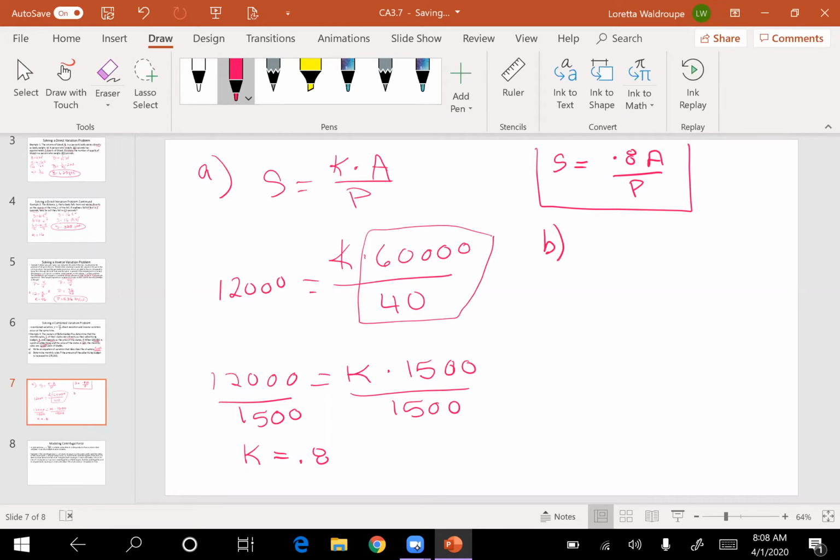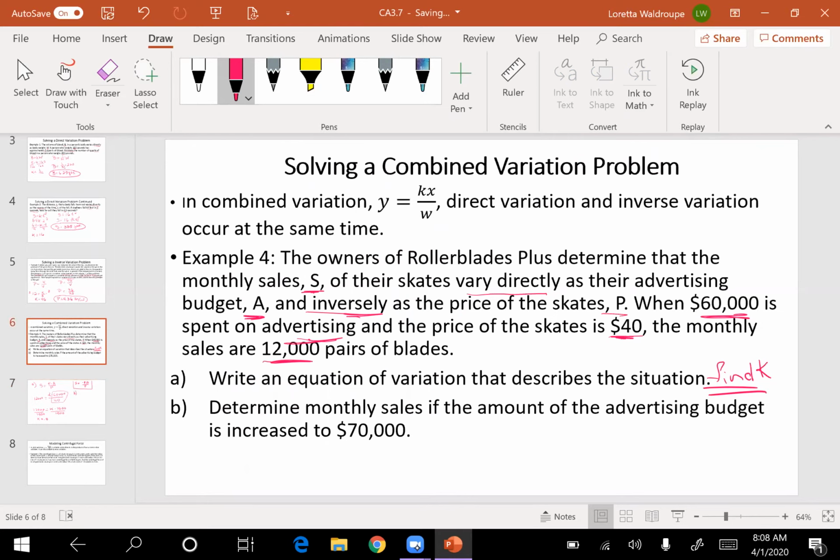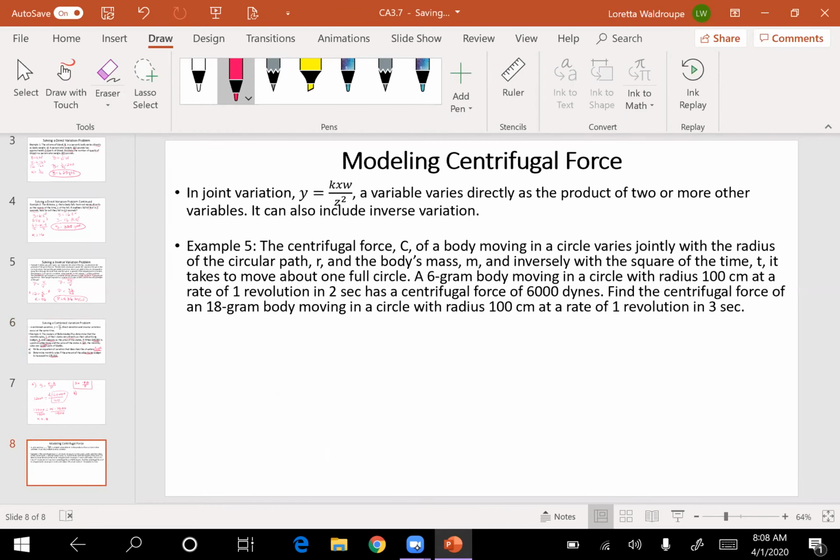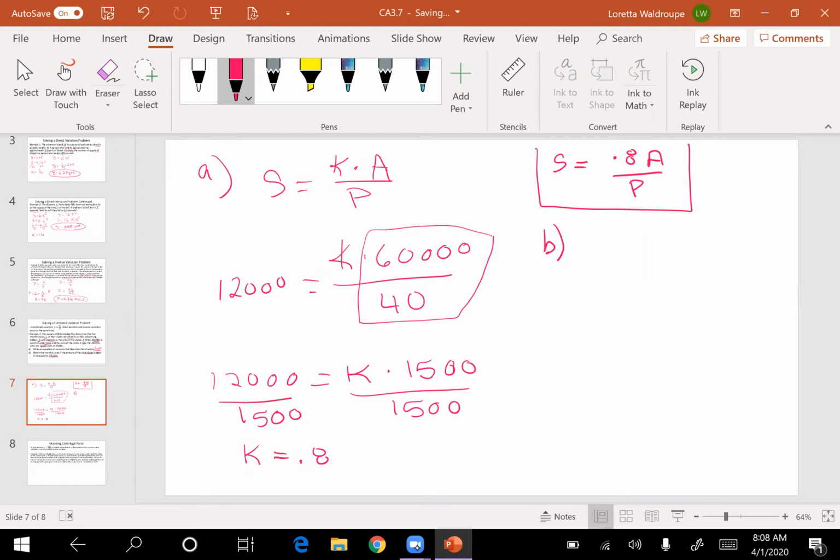Now part B says, let's go back over to the problem. What are the sales if the advertising budget is increased to 70? So A is increased to 70,000. So now we have S equals 0.8 times 70,000 divided by, and it didn't say the price is increased, so the price stays the same.